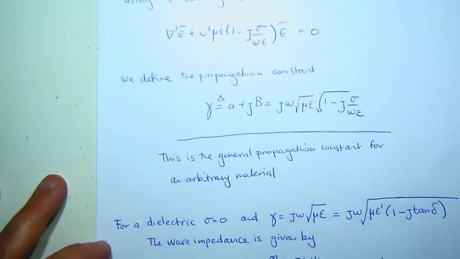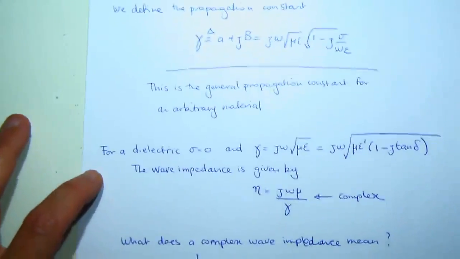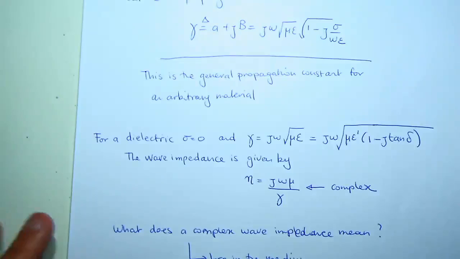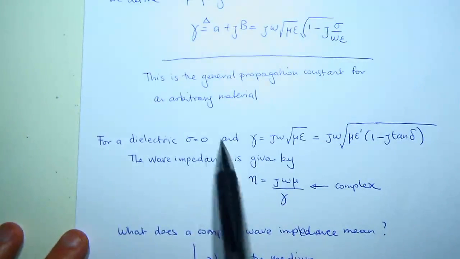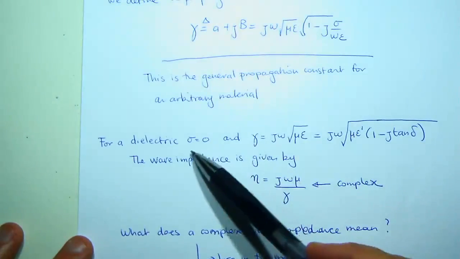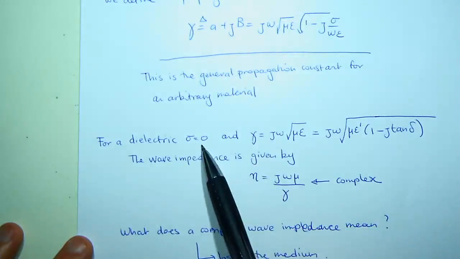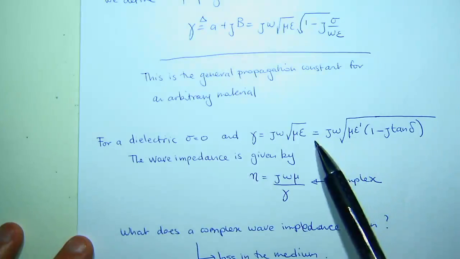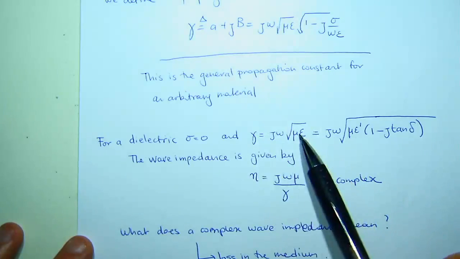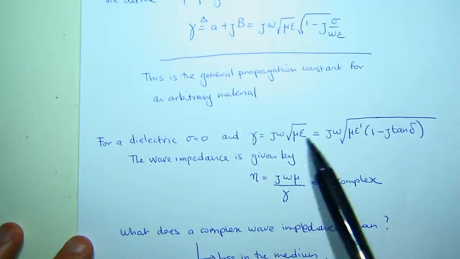Now, this is arbitrary, right? This holds for any type of material. Let's assume that it's an arbitrary dielectric. We know for a dielectric that the conductivity is exactly equal to 0, and we can rewrite the propagation constant as j omega square root of mu epsilon.